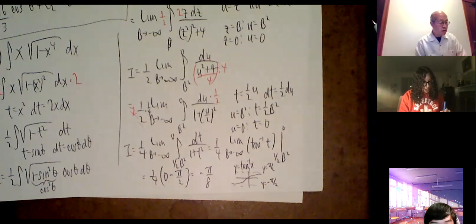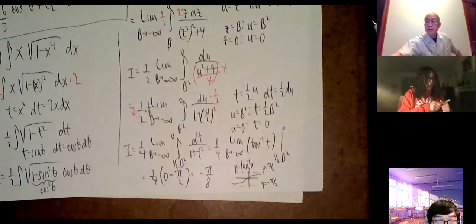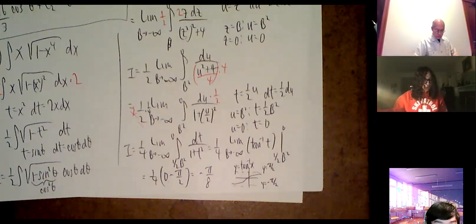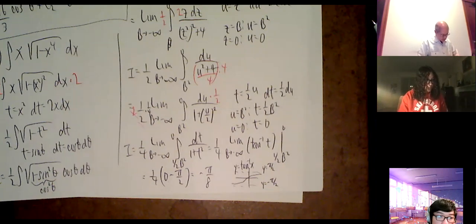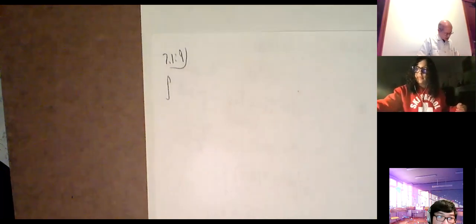Okay, and let's see. 7.1, number 9 and 13. Number 9. Inverse cosine.